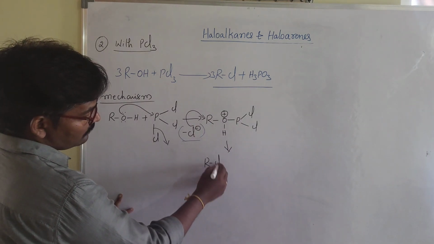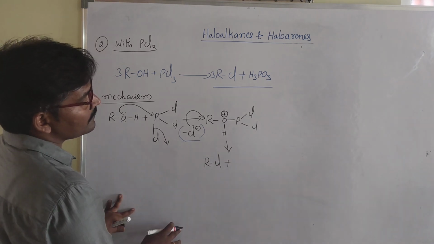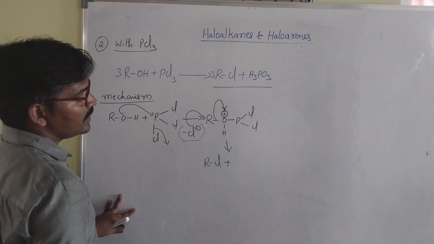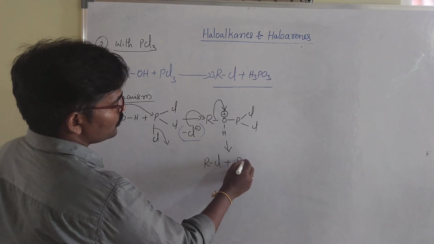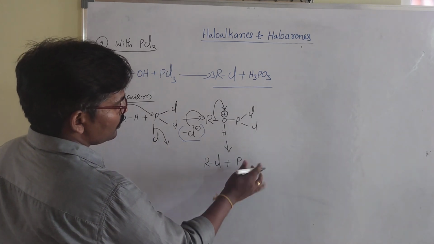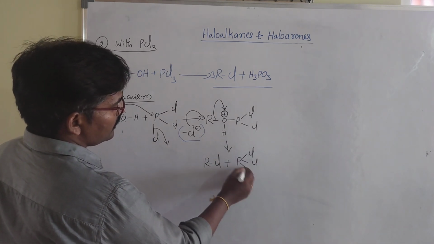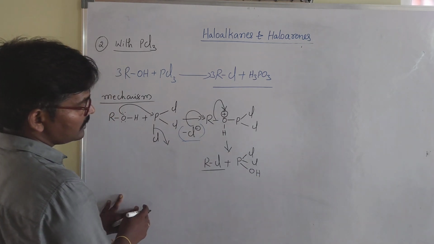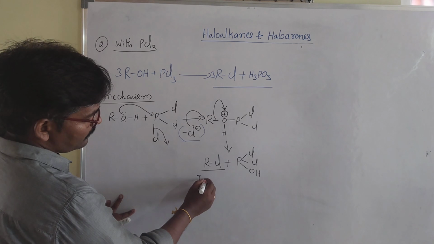So R-Cl will be formed, plus once it attacks, this is shifted as a lone pair of electrons there. Then phosphorus, already 2 chlorine atoms are there, Cl, and OH also is there now. So this is inversion of configuration.